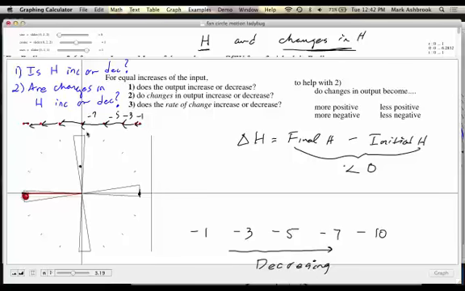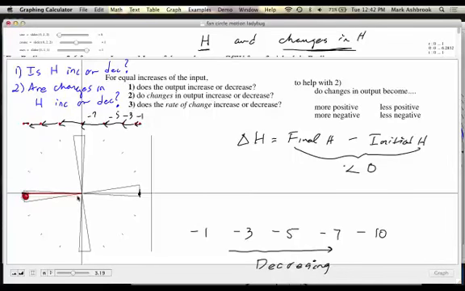So H goes from 0 to -1, so H is decreasing. End of story. Changes are negative changes. Why? Because we're heading to the left. But those changes are getting less negative. So in my number scale, it's like going this way. If you go this way, that's increasing values. So what will the graph look like?